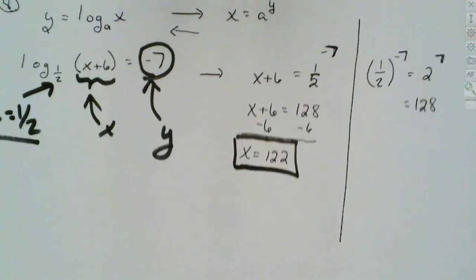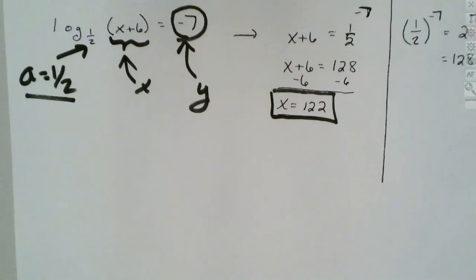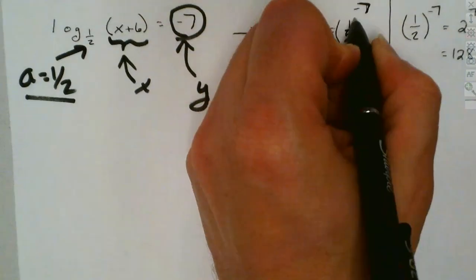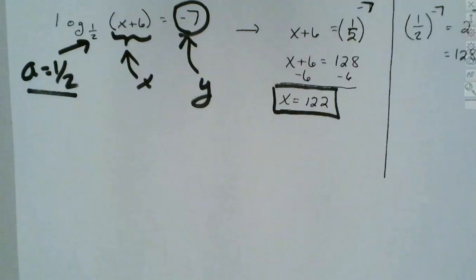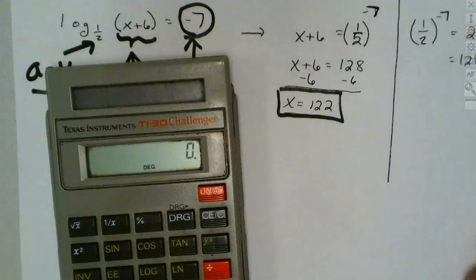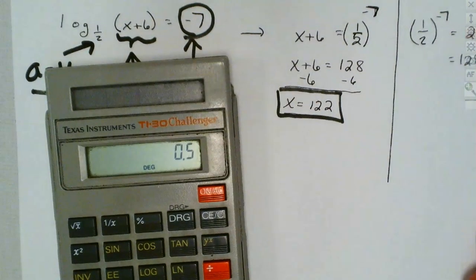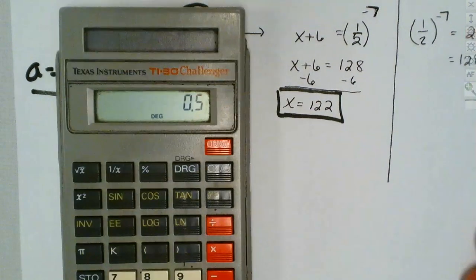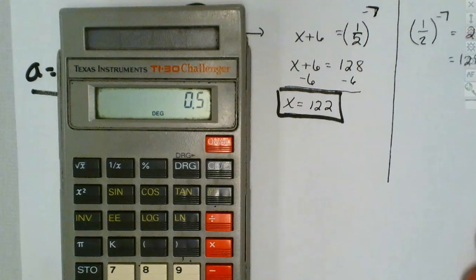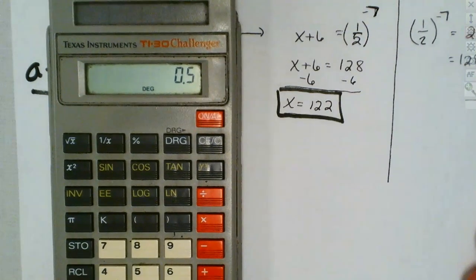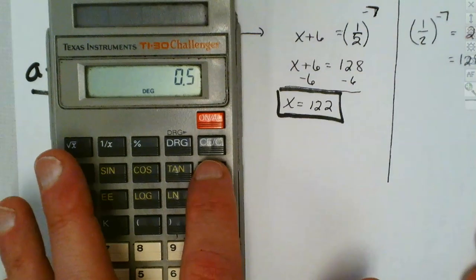Now, you could have also just done this in your calculator, right? You could have said, well, 1/2 is 0.5, so you could have put 0.5 in there. Now, you'd use the caret key. I use the y to the x key.